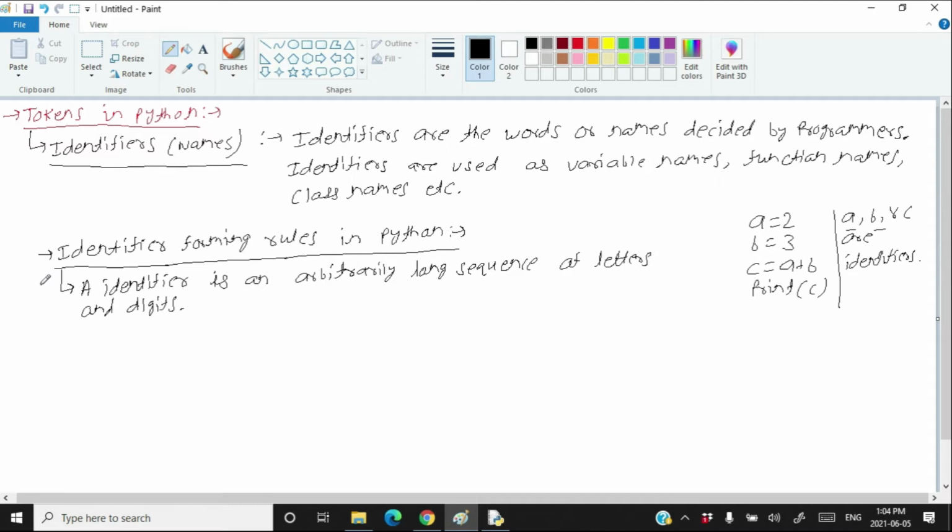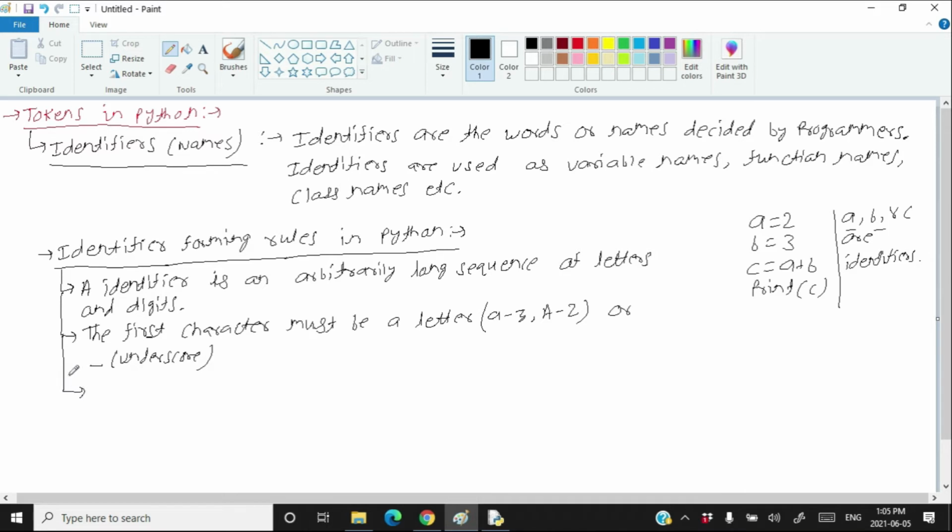The first character must be a letter or underscore. Letter means small a to small z and capital A to capital Z. So the first character must be a letter or underscore. Getting it?